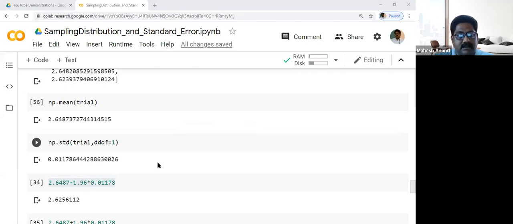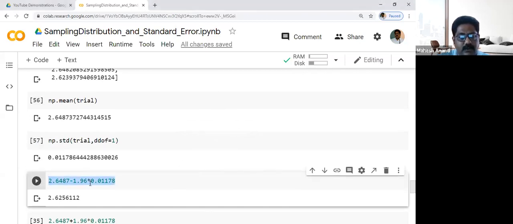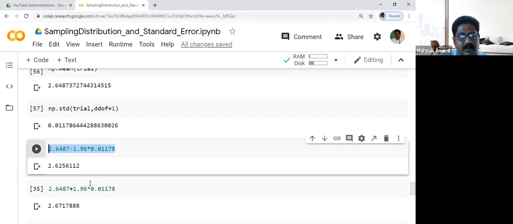Coming back to the Python simulation, in 50 trials, the mean value is 2.648. Now, directly the standard deviation represents your standard error of the mean. So let us see what are the lower and upper bounds of this value. The lower bound is 2.625 and the upper bound is 2.6717.